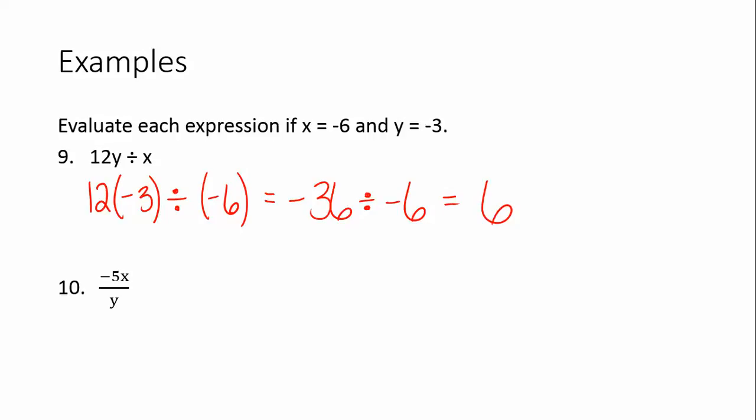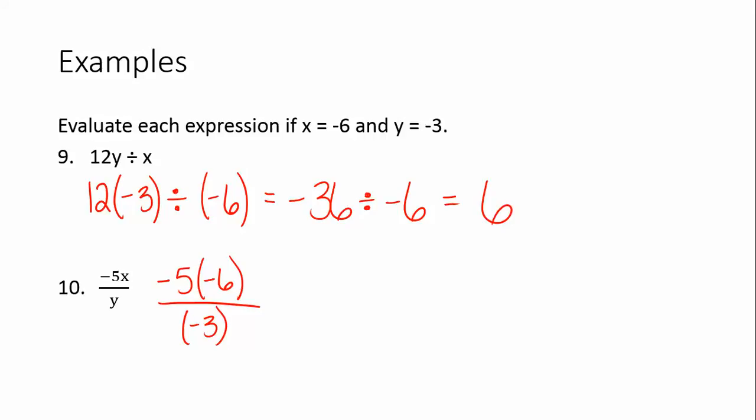In number 10, again, I like to substitute those values in first. So on top, we're plugging in a -6 for x, and in the bottom, you're plugging in a -3. And here we have a fraction. Remember that a fraction is division, and in the numerator, we have a multiplication problem.